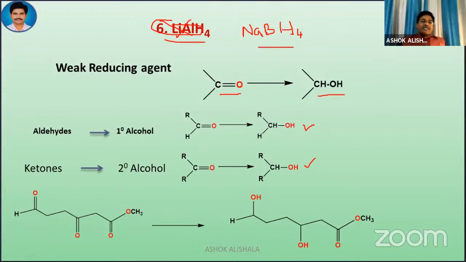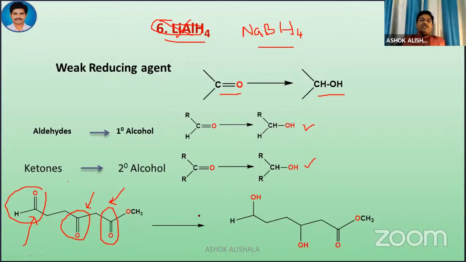The difference is, see, here an aldehyde functional group is there, here a ketone functional group is there, and here an ester functional group is there. That is, this is the ester carbonyl carbon, this is the ketone carbonyl carbon, and this is the aldehyde carbon. Among these three, this is highly reactive when compared to here, and this is highly reactive when compared to here.